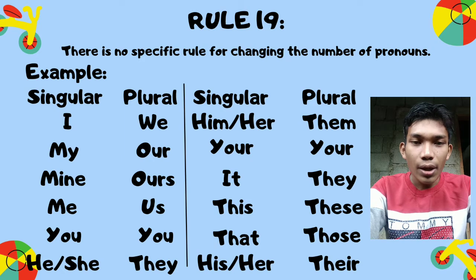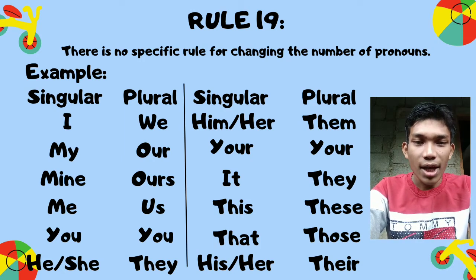For the last rule, there are no specific rules in changing the number in pronouns, which means it is settled and it cannot be changed.